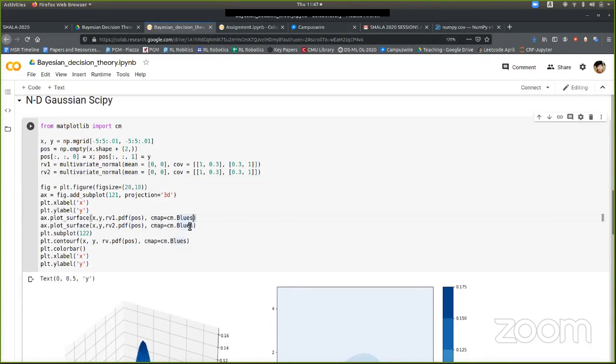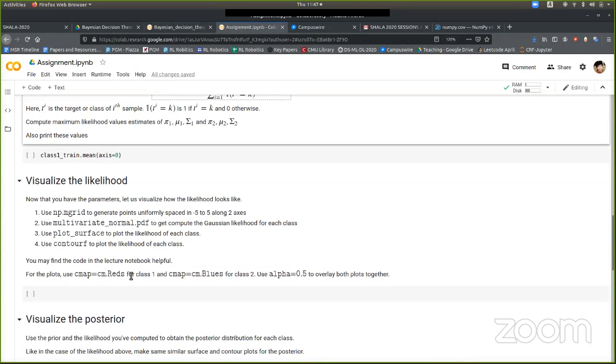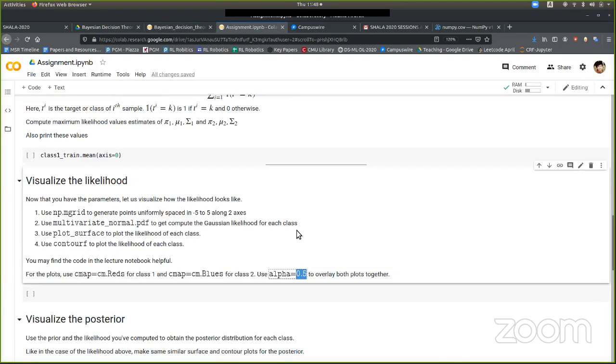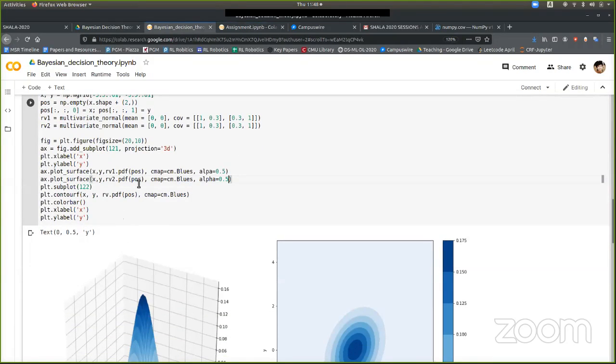I suggest using red for class 1 and blue for class 2 so that you can see the data clearly, and also use alpha equal to 0.5. Alpha helps you blend the two plots together in the same figure. Do this for your contour plot as well.